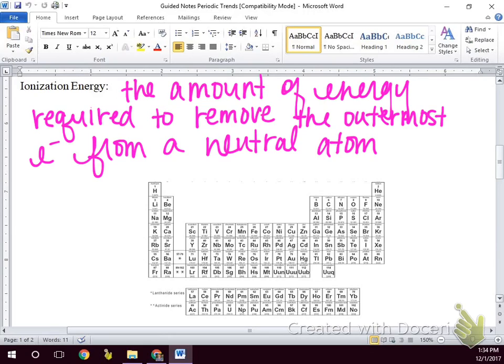Okay, so the ionization energy is kind of semi-related to the atomic radius. Okay, in fact, it's actually exactly opposite.